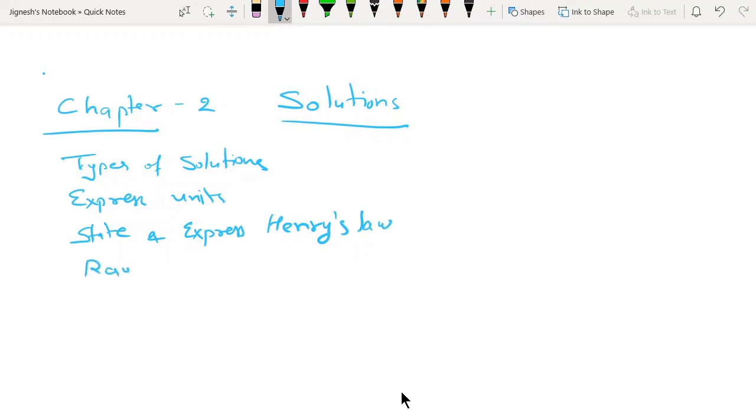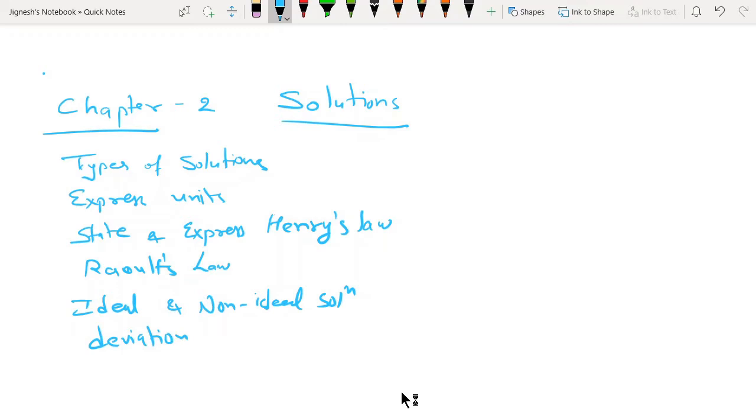Then we will study Raoult's law. Based on it, very important questions come. We'll discuss some ideal and non-ideal solutions. We'll also have some deviation from Raoult's law.